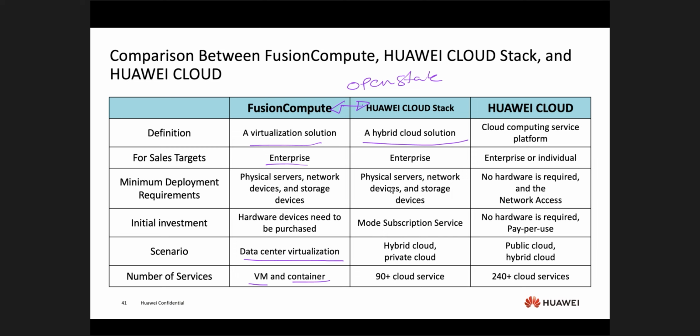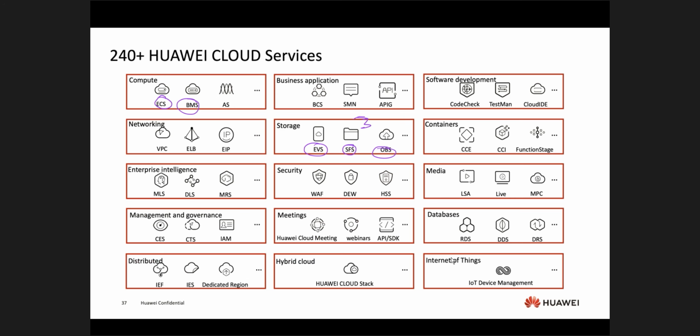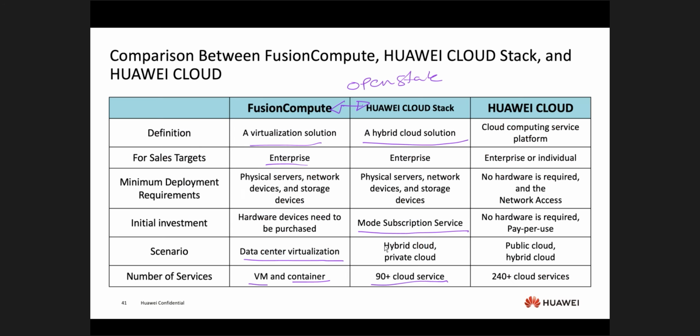It allows you to use the physical servers and the network devices, and that's more or less a subscription service. You would have a pay-as-you-go model there with Huawei Cloud Stack, because there are only 90 cloud services. So from the 250 that you saw here, for Huawei Cloud Stack you only use the services that are part of those 90 cloud services.